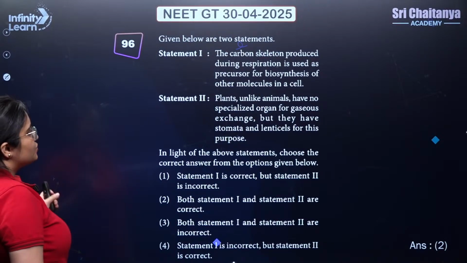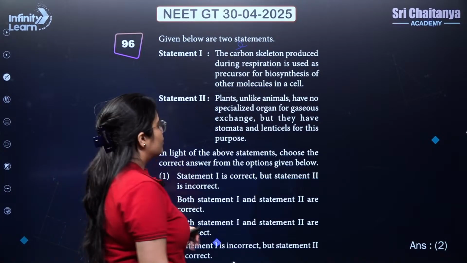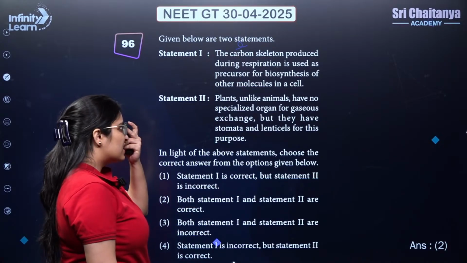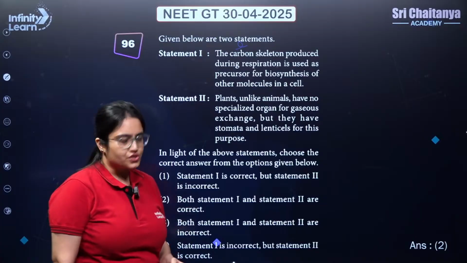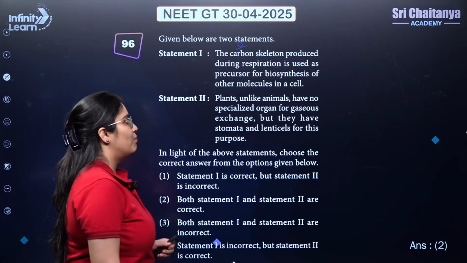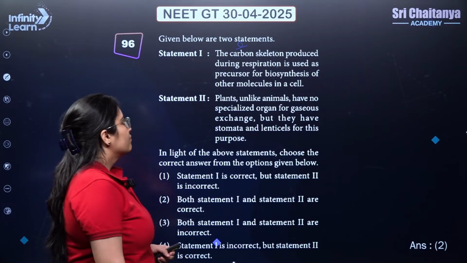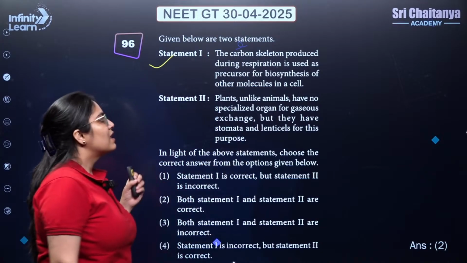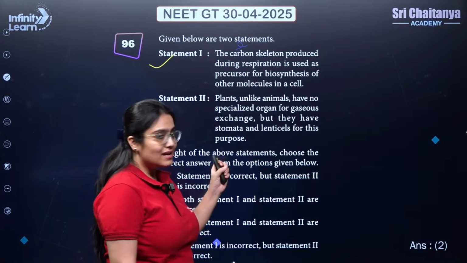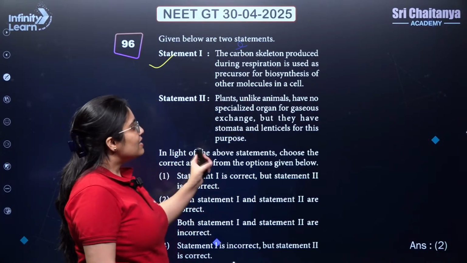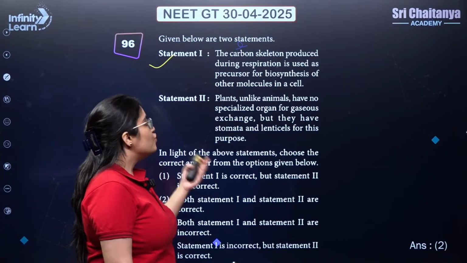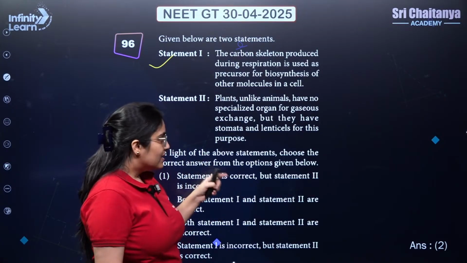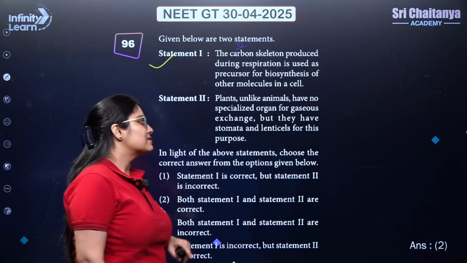Statement 1 and statement 2, you have to read and find out the correct answer from the given options. The carbon skeleton produced during respiration is used as precursor for biosynthesis of other molecules in a cell. This is absolutely correct. Plants unlike animals have no specialized organs for gaseous exchange, but they have stomata and lenticels for this purpose.